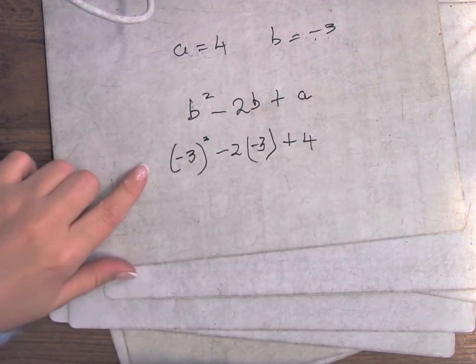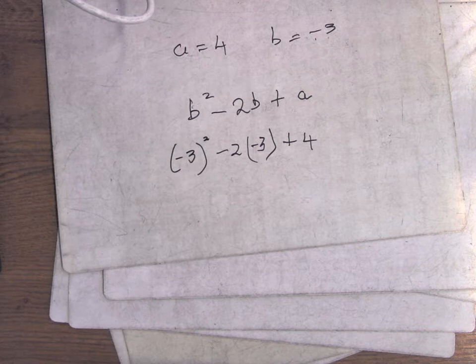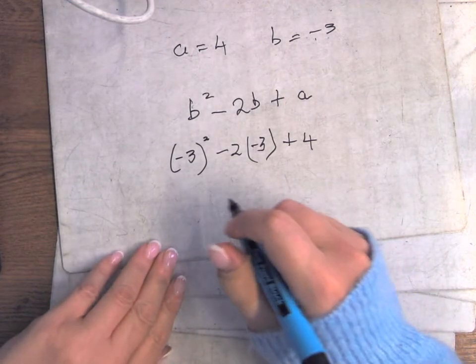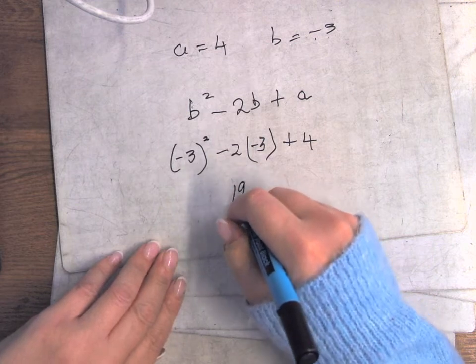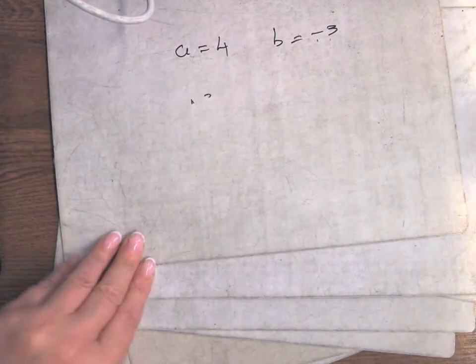Okay, so if you type it exactly as I've written it into the calculator, your answer should be 19. Are we good? Right, same numbers till we get one right, everyone.